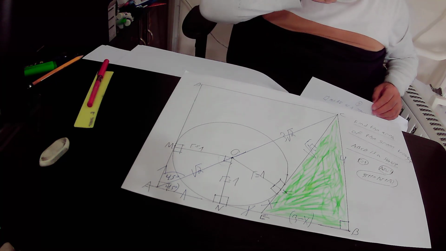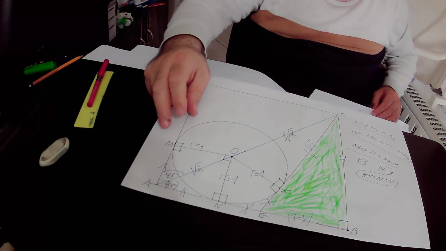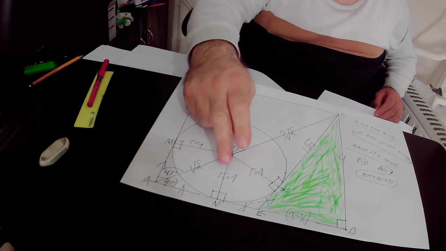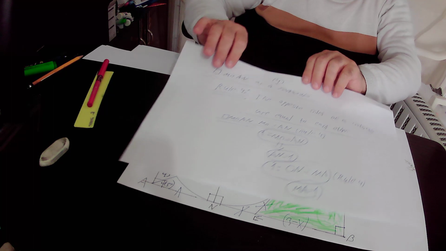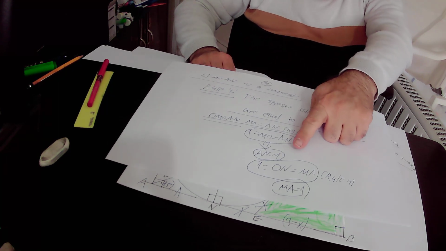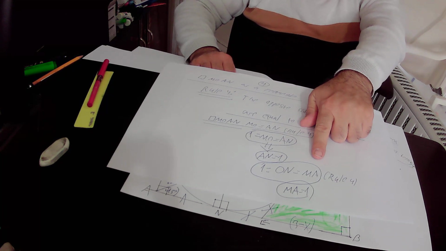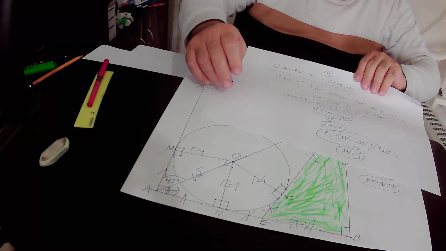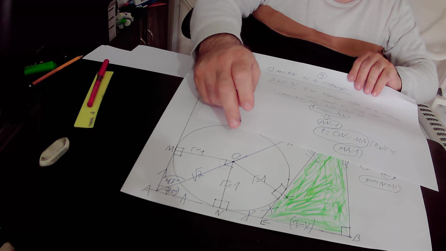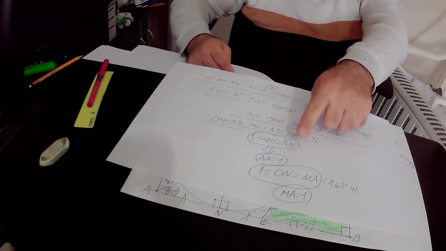Likewise, according to rule number 4, MA equals ON. But we have already found out that ON equals 1 unit.